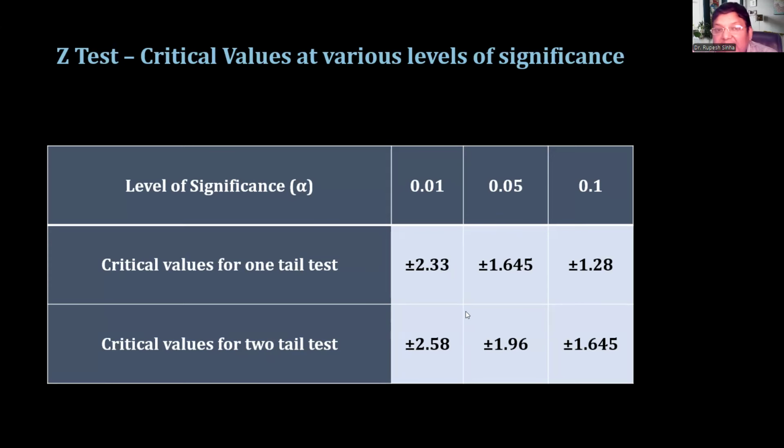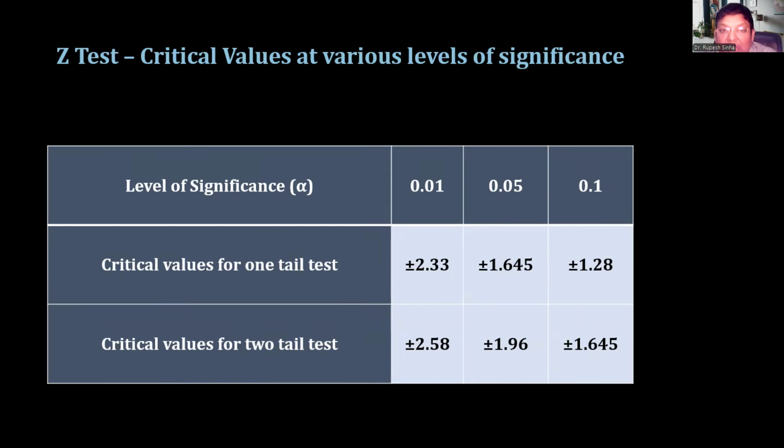If nothing is given in the problem, generally we go with 95% confidence, that is 5% level of significance. So for one tail test it is 1.645, and for two tail test the value is 1.96, right? For 10% it is 1.28, and for two tail test for 10% it is going to be 1.645. So this is the critical point for Z test.